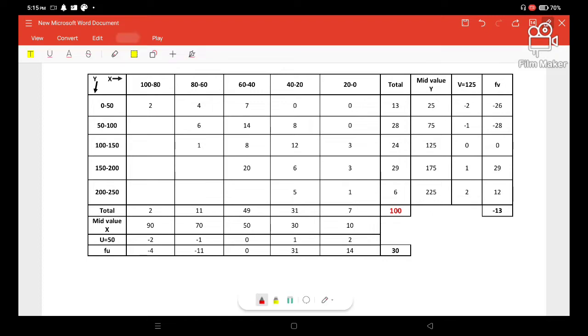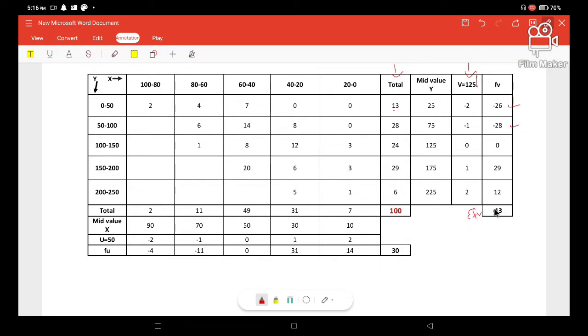Now we are moving to step 4, where we multiply our frequency with the assumed value, that is the assumed value of u and the assumed value of v. So we multiply 13 into minus 2, which comes to minus 26, 28 into minus 1 is minus 28, 29 into 1 is 29, and when we total up, it is called sigma fv.